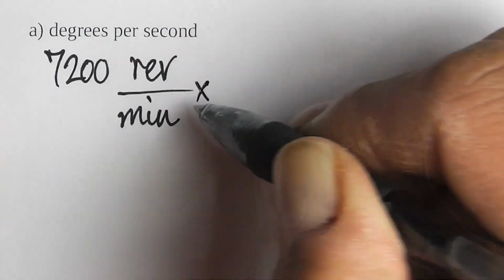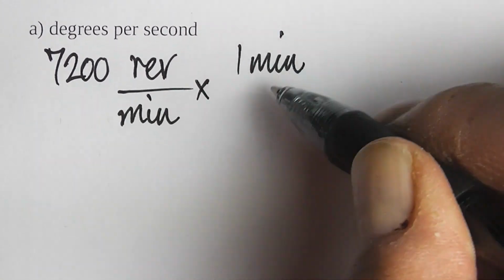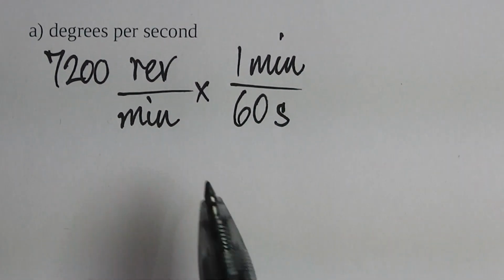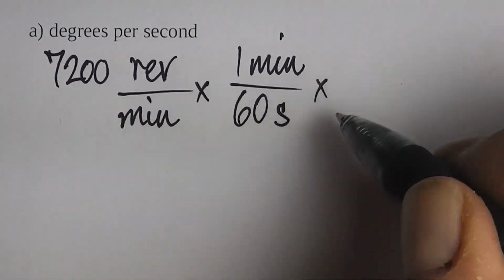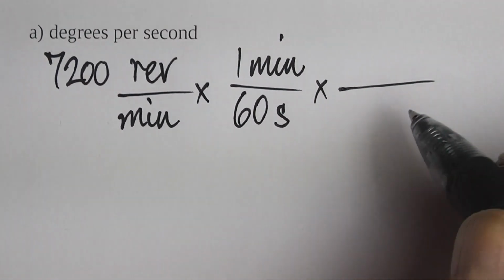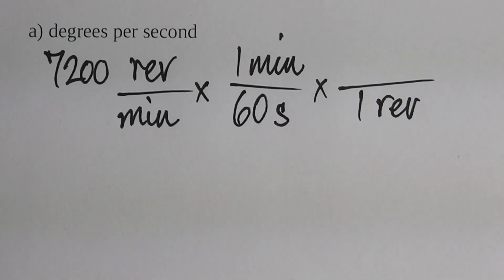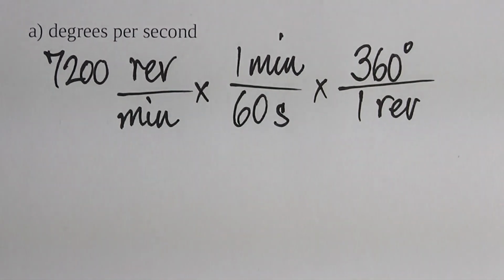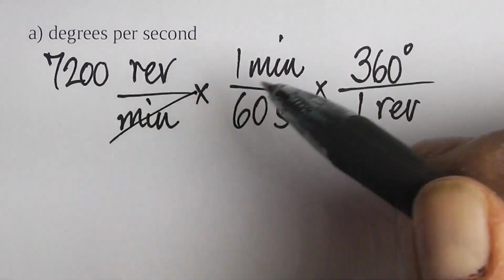Now, here's the thing. For every 1 minute, there are 60 seconds. So now I've got my seconds in the denominator, and I need degrees on the top. So I know that every complete revolution, so one complete rotation around that circle is 360 degrees. So what's happening here? The units are all cancelling out. Watch, minutes and minutes cancels.